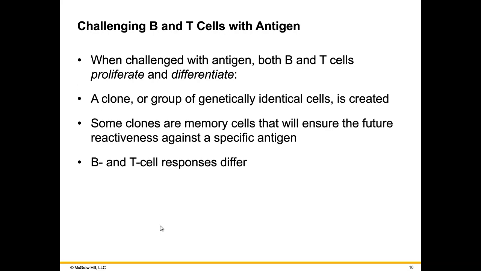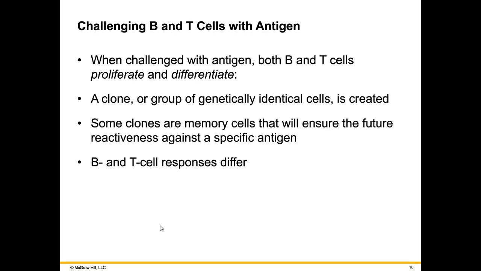So when our immune system is challenged with an antigen, both B and T cells are going to proliferate and differentiate. Proliferate means to make more. Essentially that's the process of mitosis, which everybody should be familiar with. And then they also have the ability to differentiate, which means that a cell becomes a specific type.